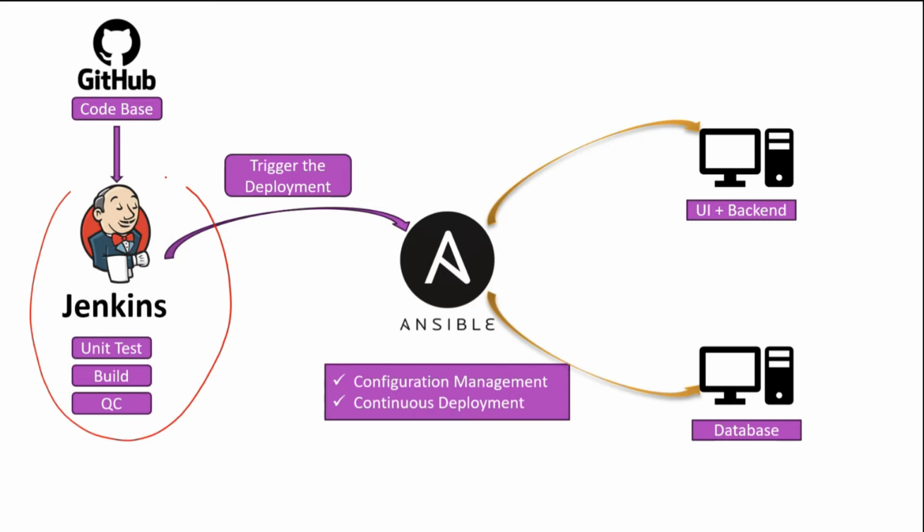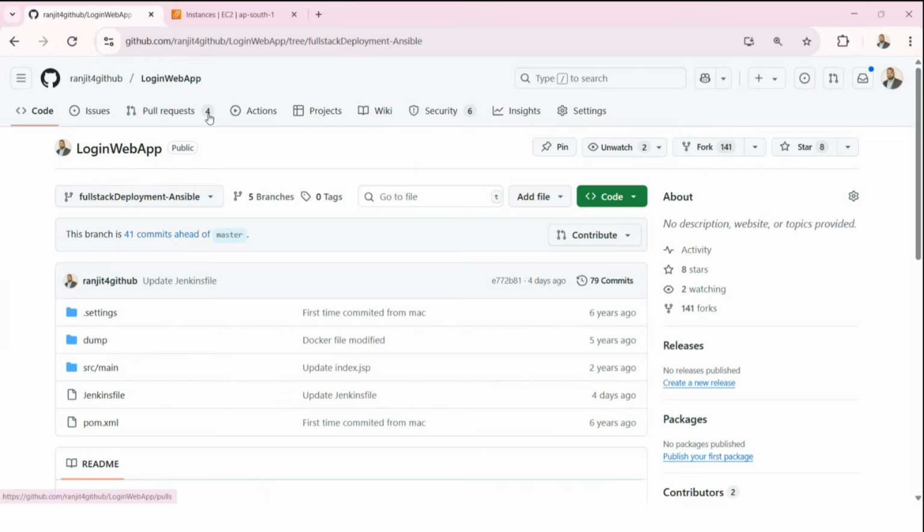Here we are going to use Jenkins, and to build the application, we are going to write the Jenkinsfile, the pipeline script. Let me show you. Here I have kept the repository in my GitHub account, Ranjit. You can see the repository name is login web app, which is nothing but the Java project.